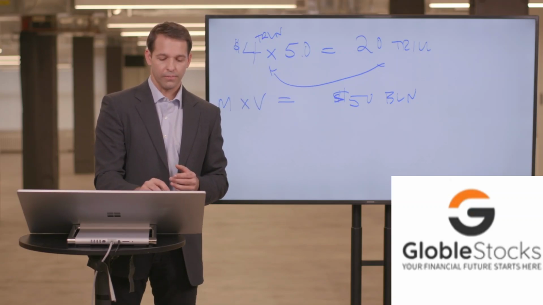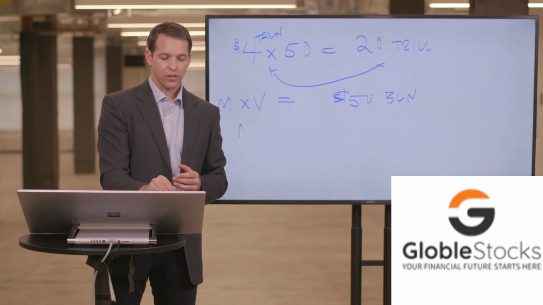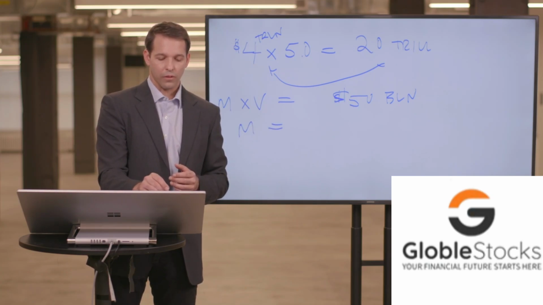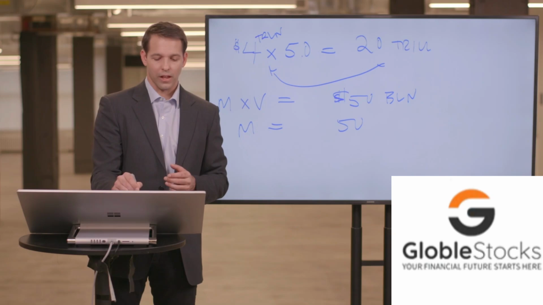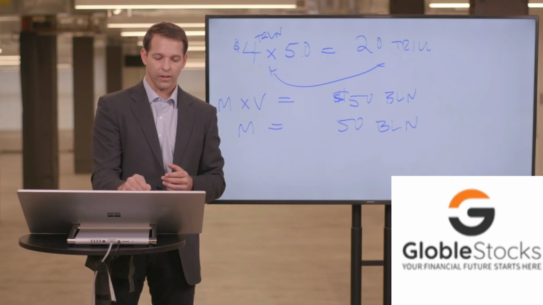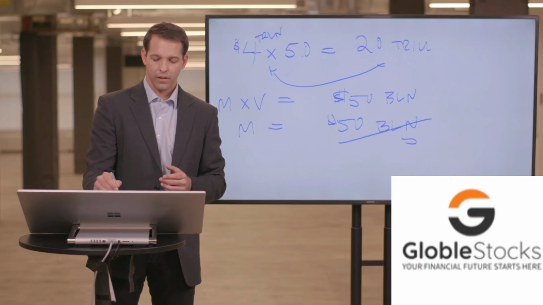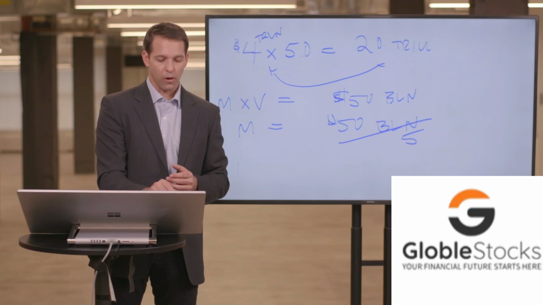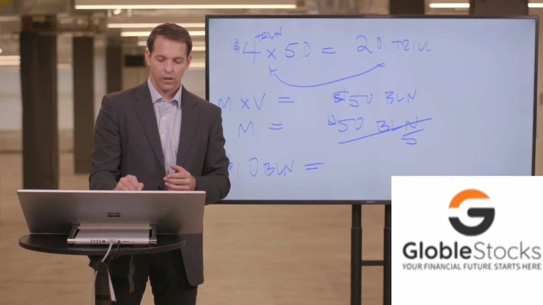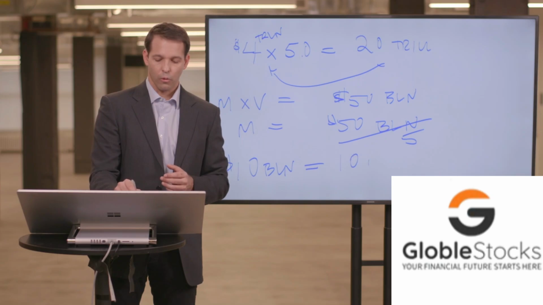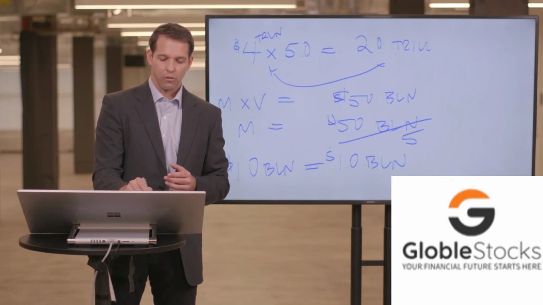To solve for this, let's make the assumption that velocity is the same as the US dollar market, which is 5. So one use case of Bitcoin means that we need 10 billion US dollars purely for remittance payments.